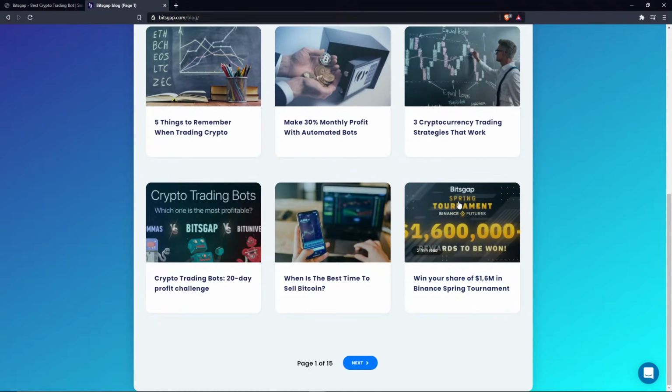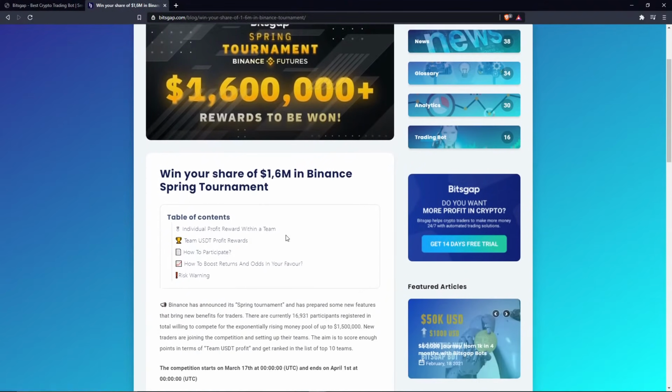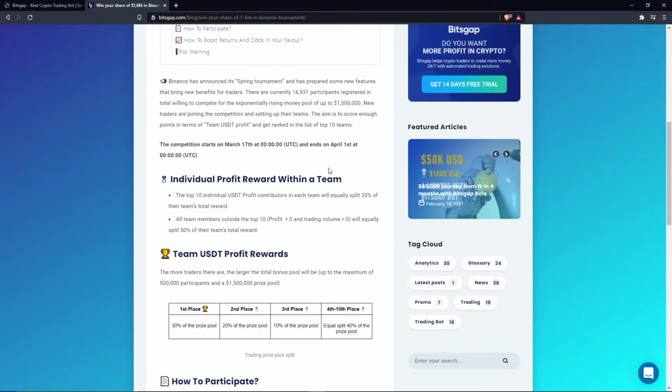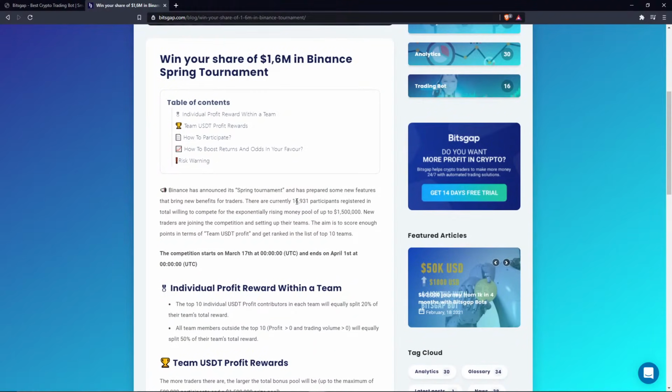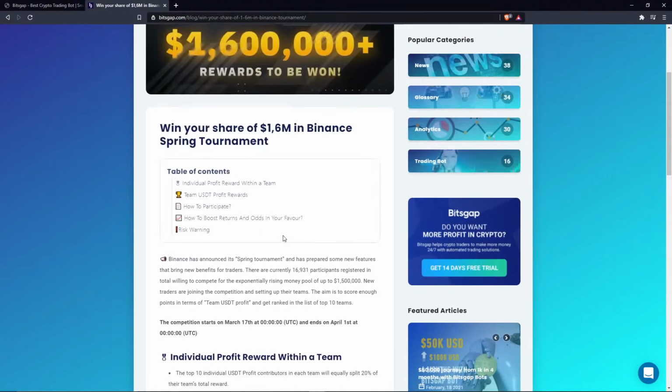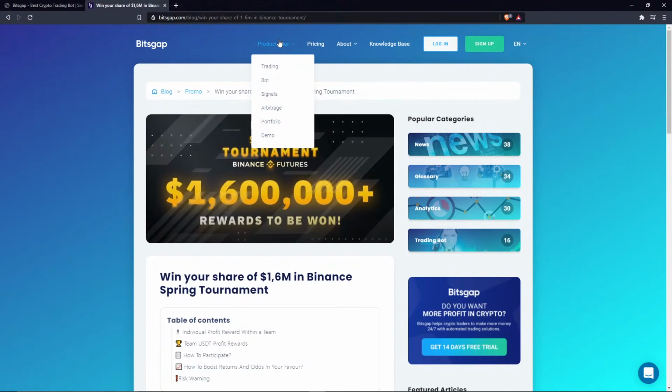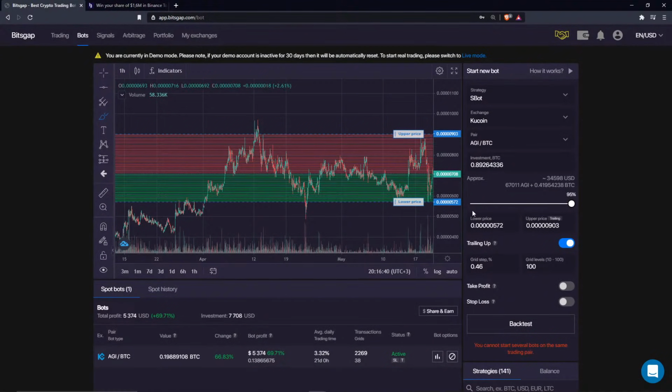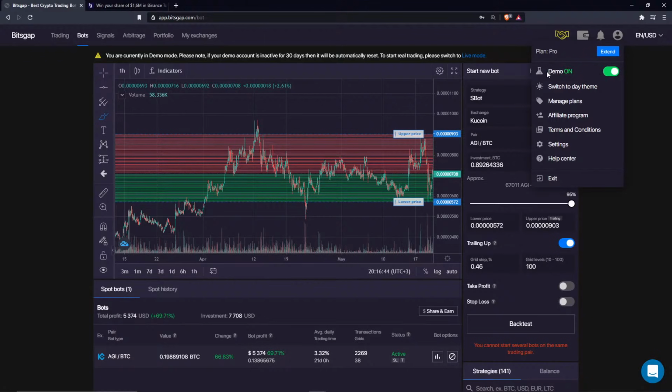You see, it was the spring tournament when we participated, and I remember it was around 700 people in total from Bitsgap. So trade, share, experiment, develop, and once you are confident in your trading, you can trade with real money. Thanks to the demo mode, that's basically your sandbox before you risk your real money.